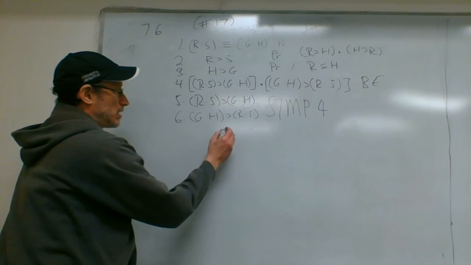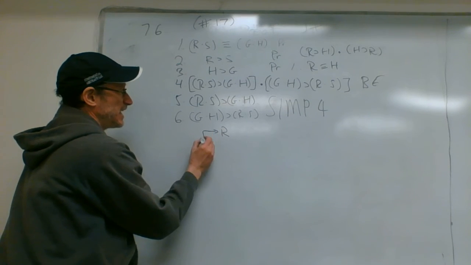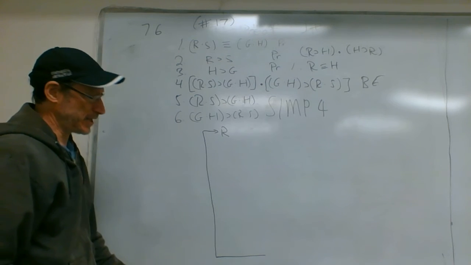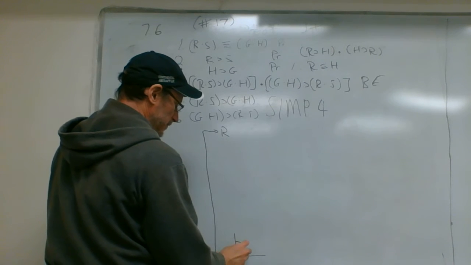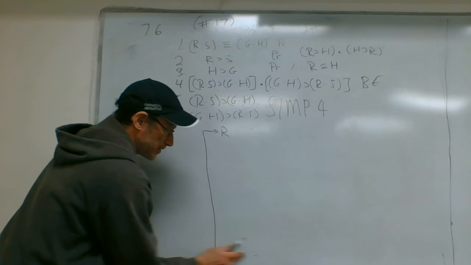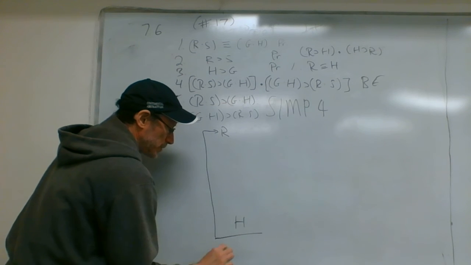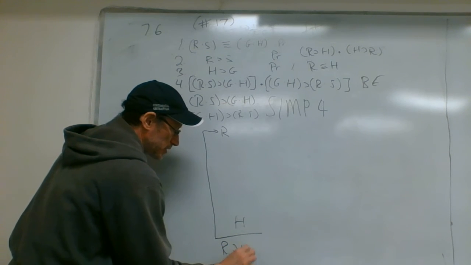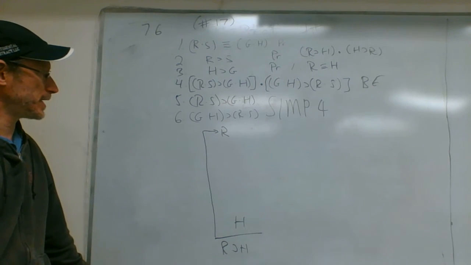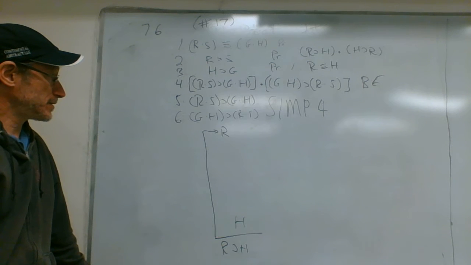So let me try to get R horseshoe H, and there's not going to be enough room to do this proof. I'm going to have to do this in stages. This is R horseshoe H. Somehow I'm thinking I can get R horseshoe H out of this.